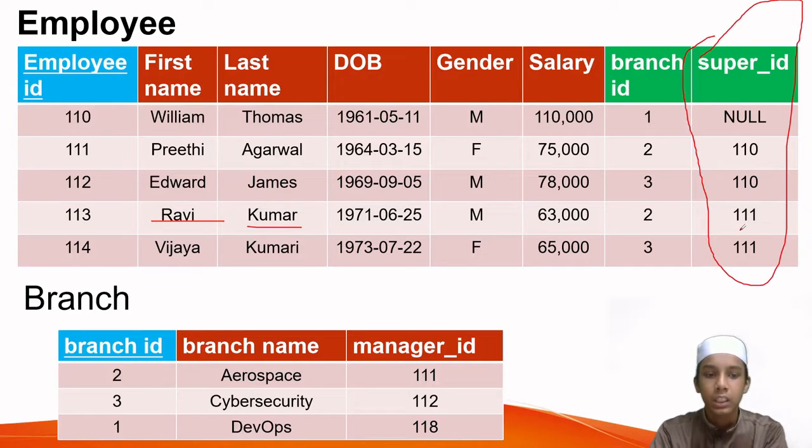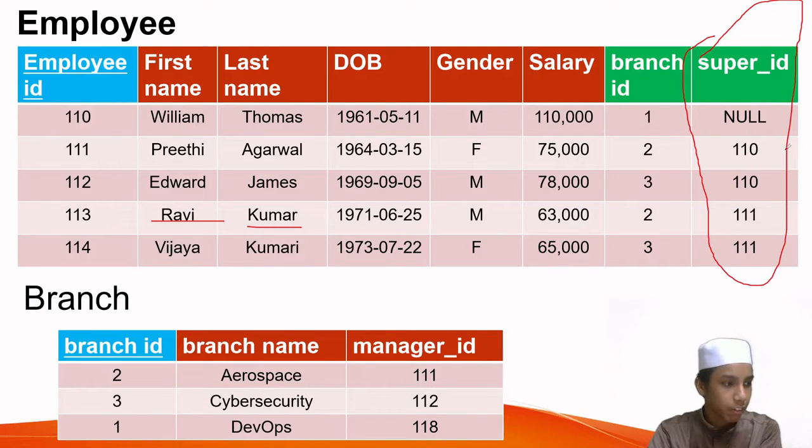His supervisor is Preeti Agrawal, who was born in 1964, her gender is female, her salary is this much, her super ID is 110, and her branch ID is 2.